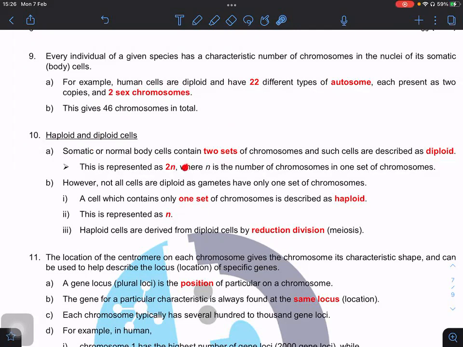This is represented by 2n, where n is the number of chromosomes in one set. But not all our cells are diploid. Some cells, the gametes, are haploid, with only one set, represented by n. These 2n cells can get back to n through the process of meiosis, or reduction division.